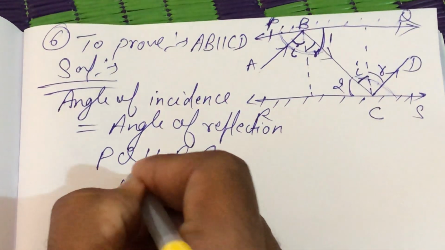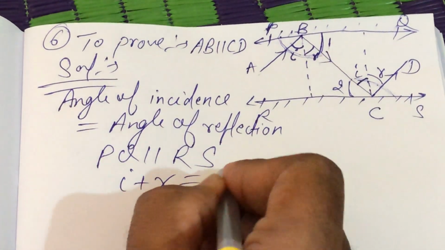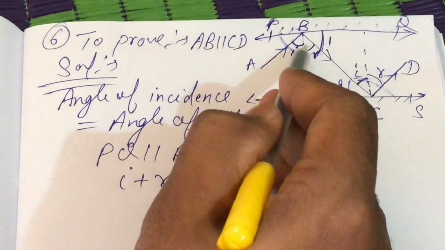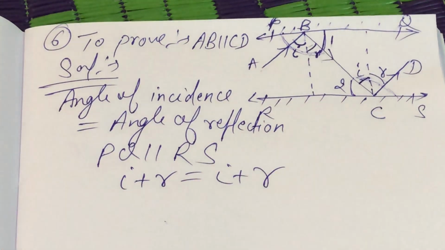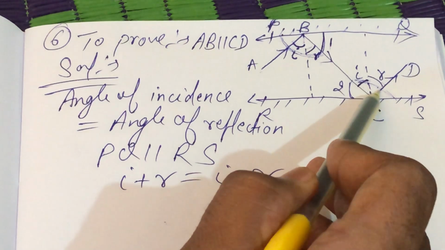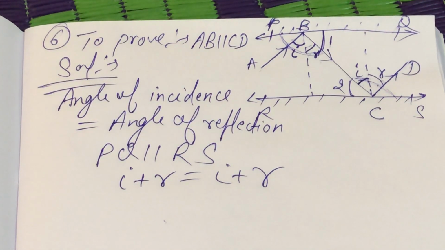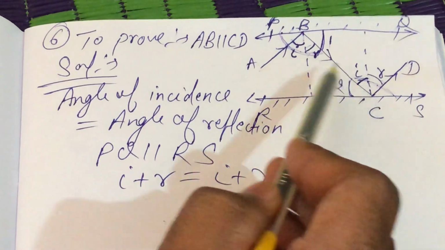Now see, these are forming alternate interior angles of AB and CD. I plus R, AB, CD. They are forming alternate interior angles. So you can write that AB is parallel to CD.